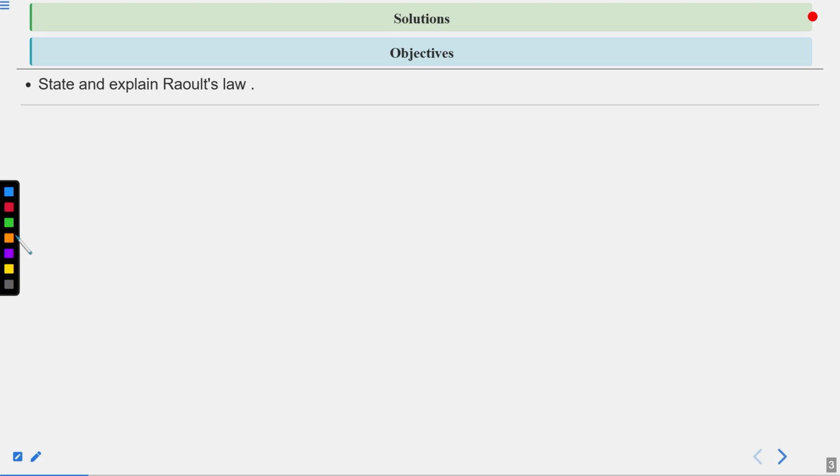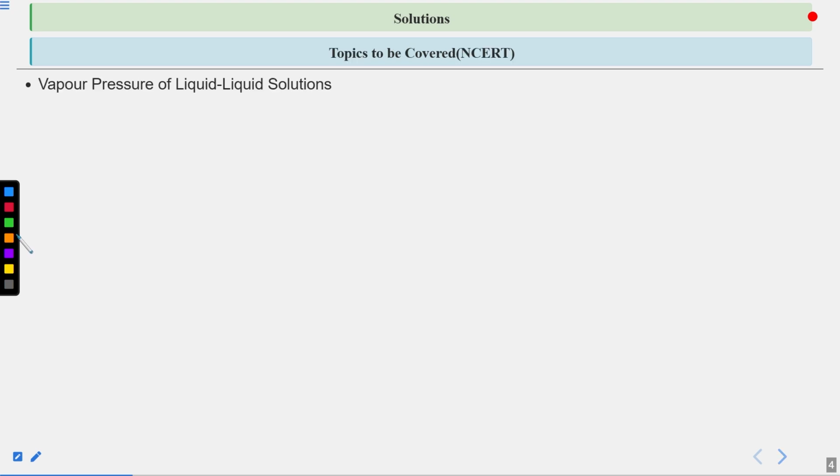In this class, we will try to explain Raoult's law. We will see what Raoult's law is, some examples of it, as well as the equation related to this Raoult's law. To understand Raoult's law, you must know what vapor pressure is in liquid-liquid solutions.